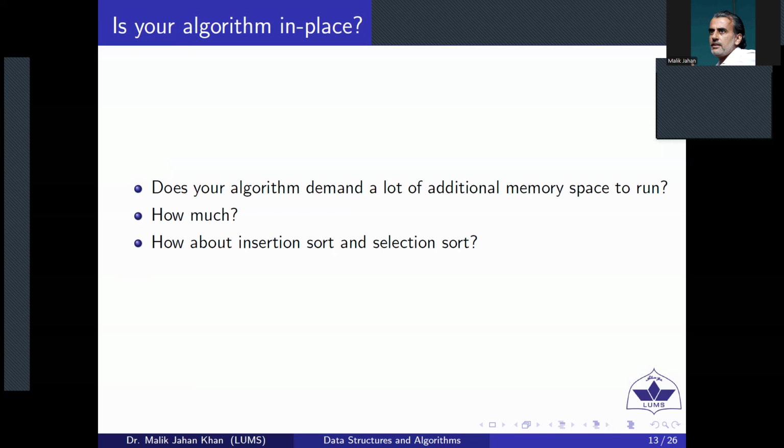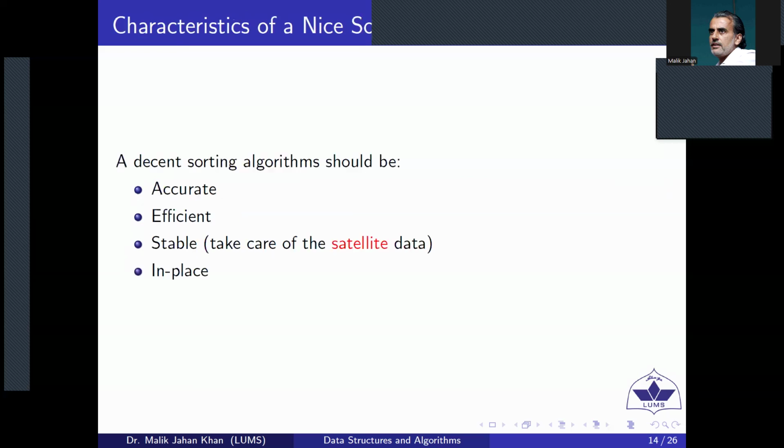But if your algorithm expects a lot of additional memory, which means it might be copying your whole input into another temporary space, then that algorithm is not in place. So insertion sort and selection sort are in place because they don't expect you to create duplicates of the input array. And the sorting algorithm should be accurate and efficient, besides the characteristics of stability and in place.